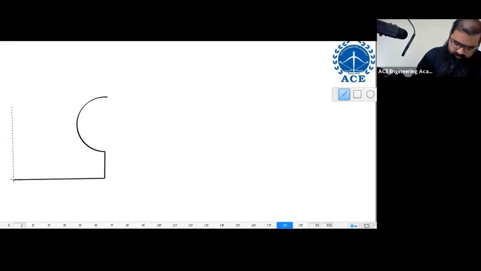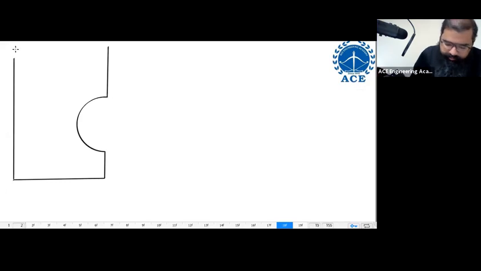Imagine a tank. Let us say, imagine some tank like this.